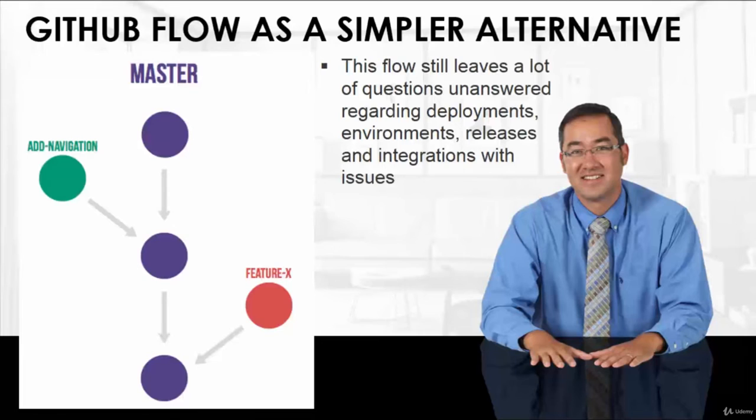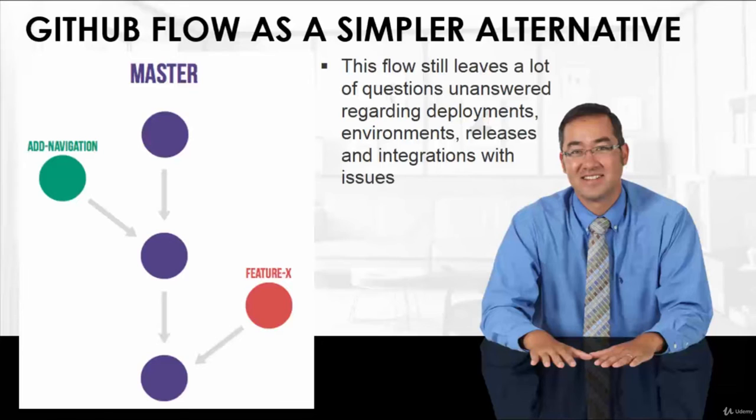This flow typically leaves a lot of questions, and we're not talking about Git here, we're talking about GitHub, which came about and offered a solution to the challenge we just talked about. GitHub stepped in with a solution to the intermingling of all those branches, and the solution was fairly logical and good, and a lot of companies in fact use it.